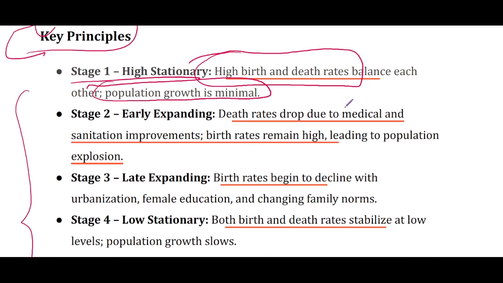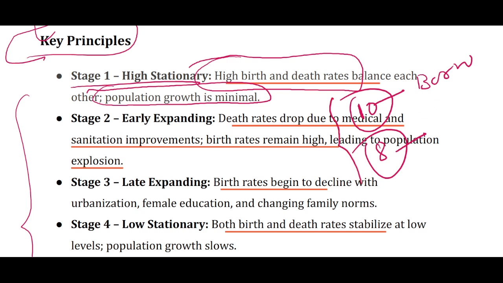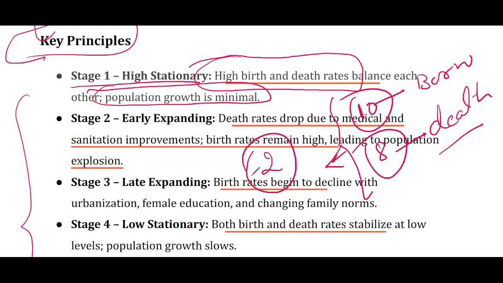You can understand this like, if 10 children are being born, but 8 do not make it to the day. So 8 die. Because of that, we have minimum population growth.